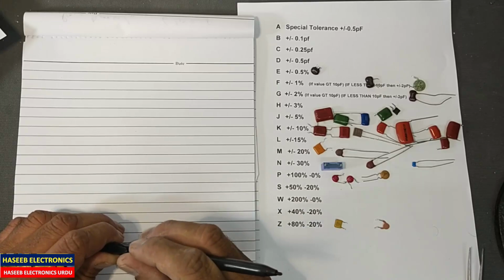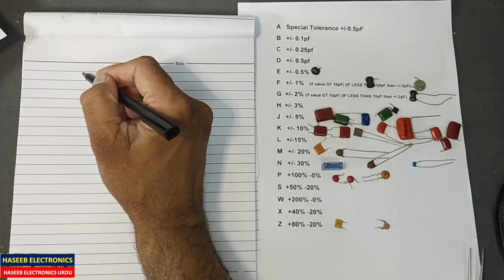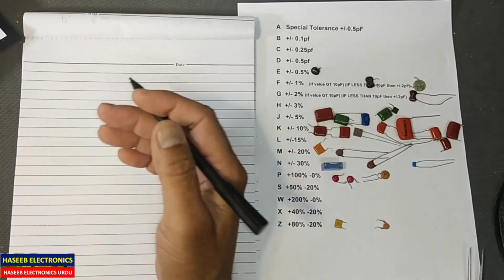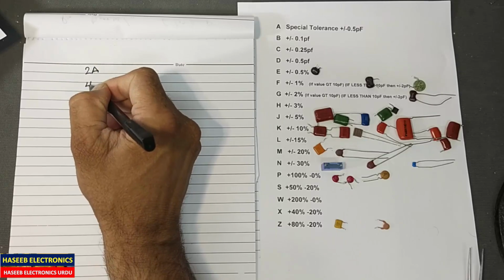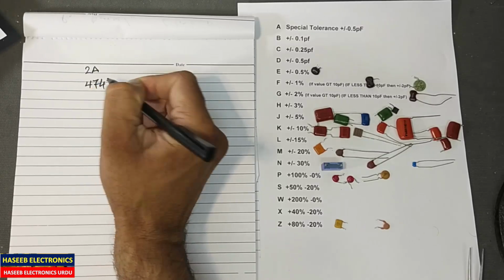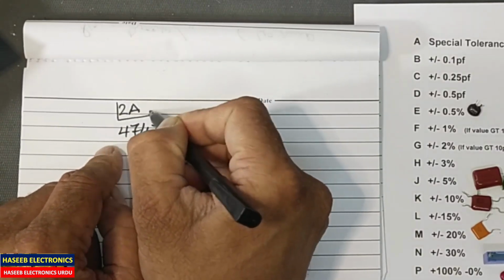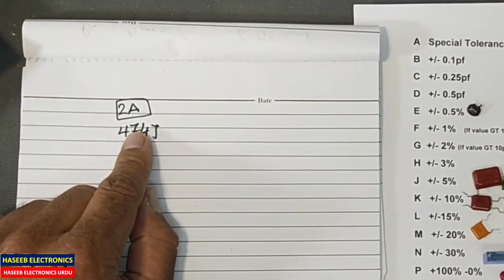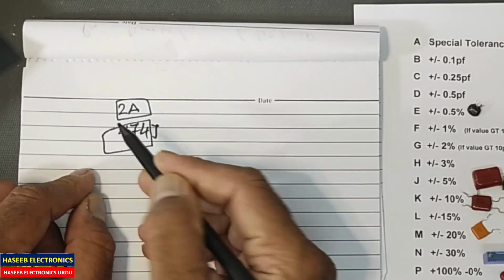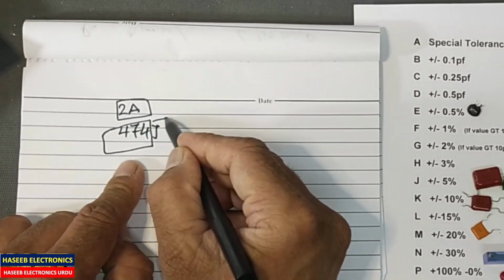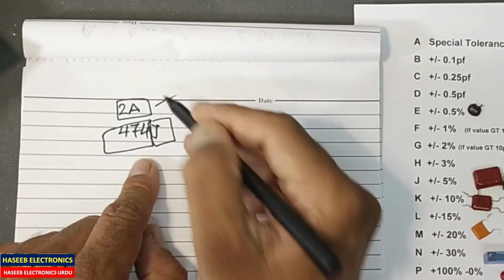When we see a capacitor, for example, it says some voltage rating, 2A 474J 2A. This is the voltage rating. Then it has a capacitance rating, then it has tolerance.